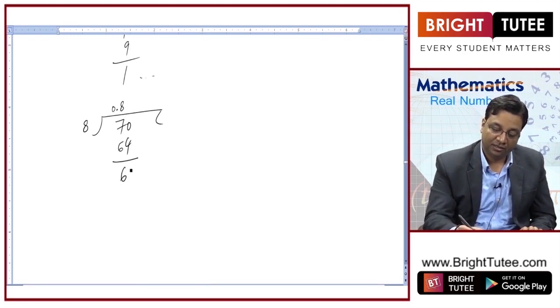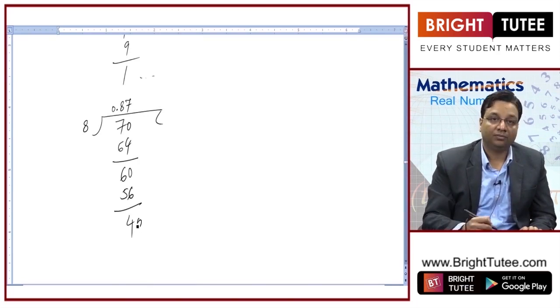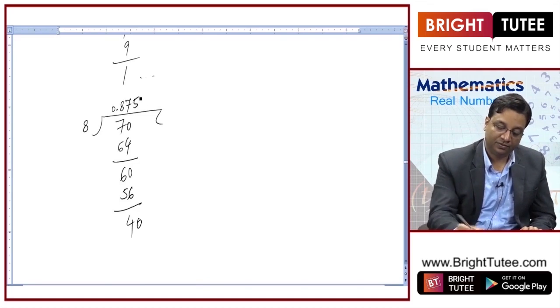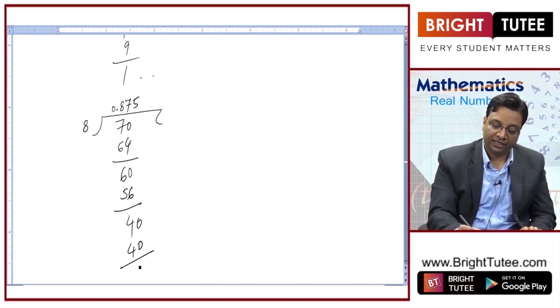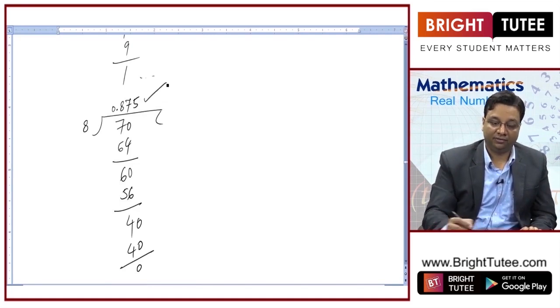Now I will put a 0 here. 8 7s are 56, then I will have a 4 here, put a 0, 5, 40, and then the remainder is 0. So this number will terminate here itself, right?